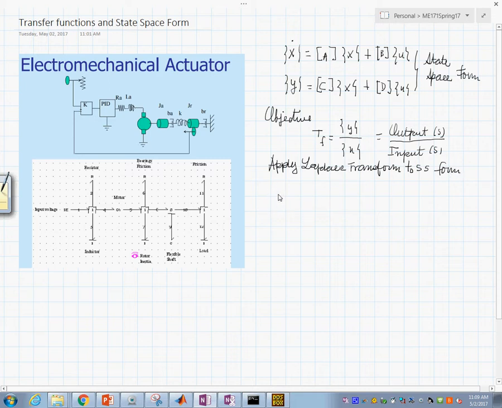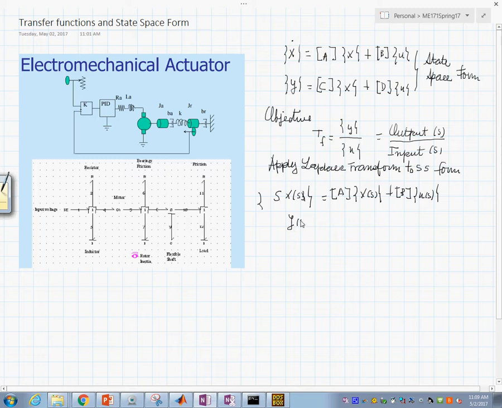We have that s times x of s, this is the vector after applying the Laplace transform, is equal to A times the vector x of s plus the matrix B times the vector u of s. Right? All right. And let's apply the Laplace transform to the second equation.